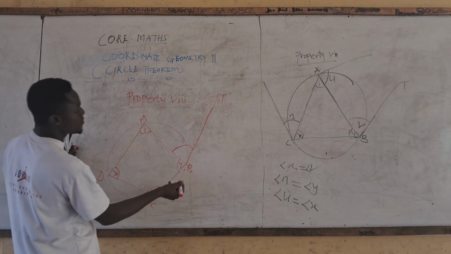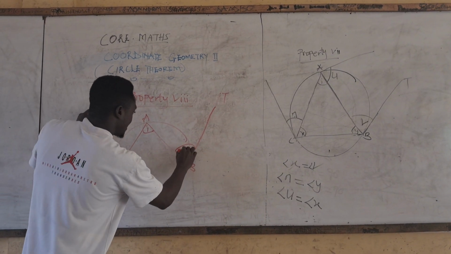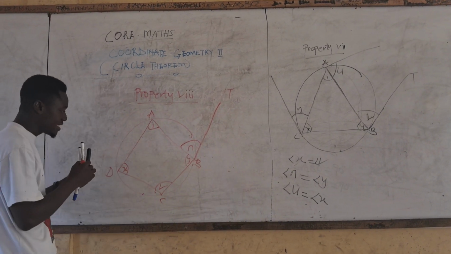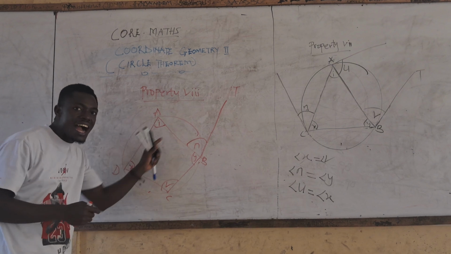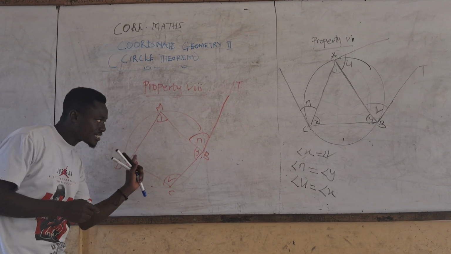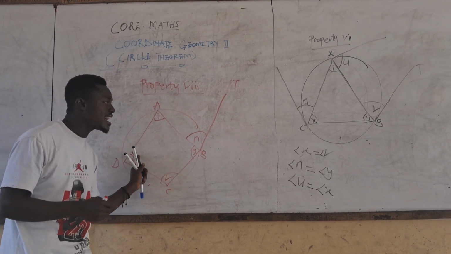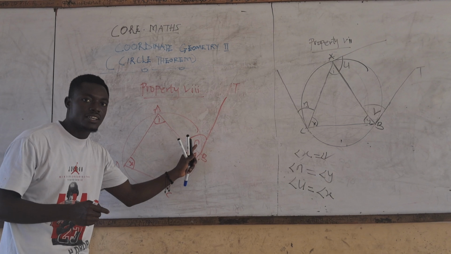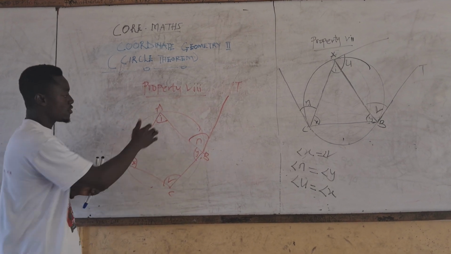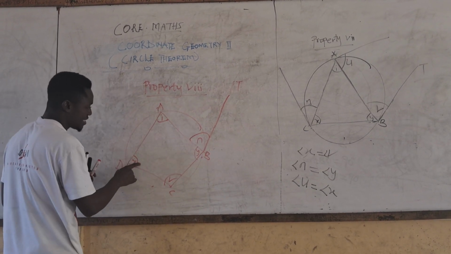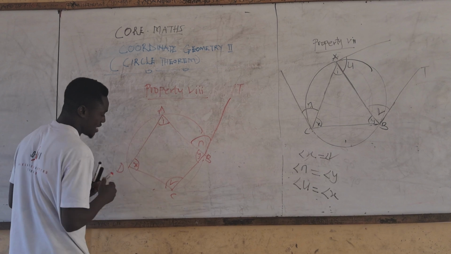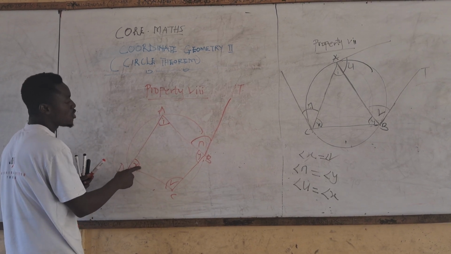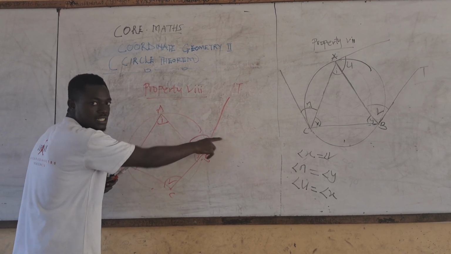Let's label that one as, let's say, N. The interior angles within a cyclic quadrilateral are equal to the exterior angle. This is an interior angle, found within the four-sided figure. This angle is equal to its opposite exterior angle.